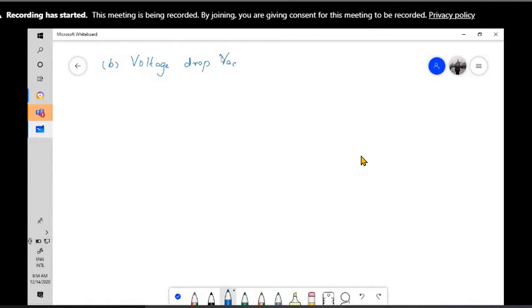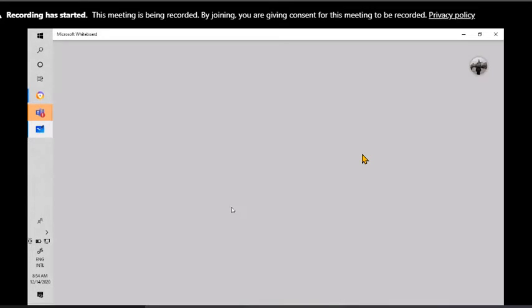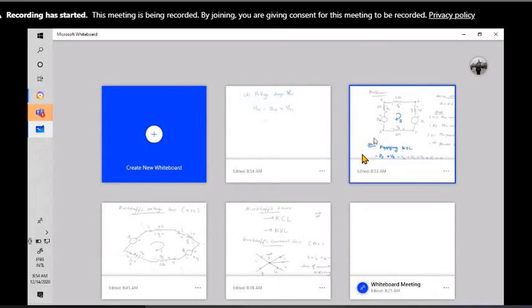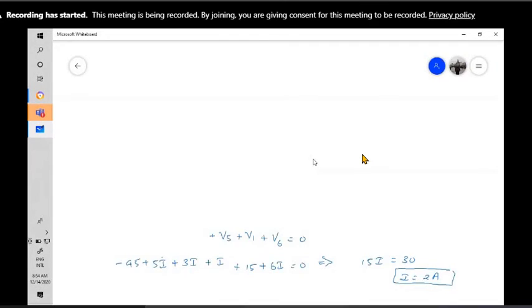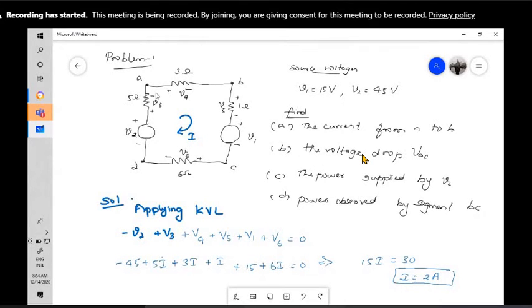Now how to do this? This is nothing but the voltage drop from A to B plus the voltage drop from B to C. Now if you look at the previous circuit, what will be the voltage drop from A to B?